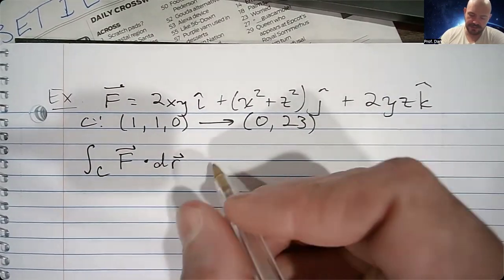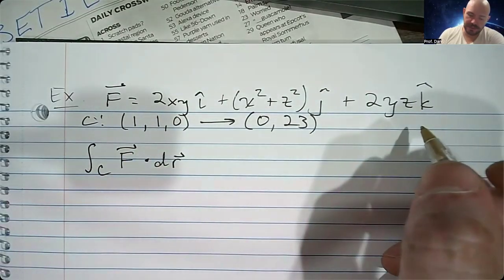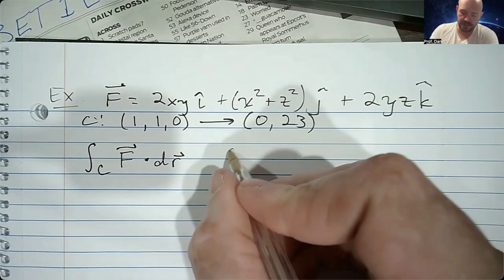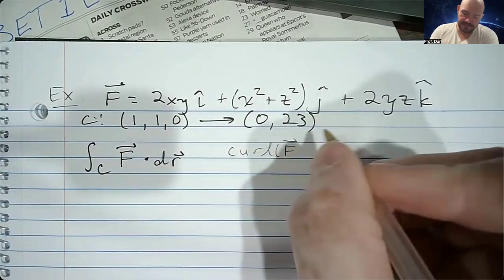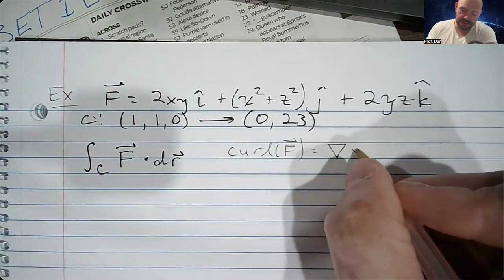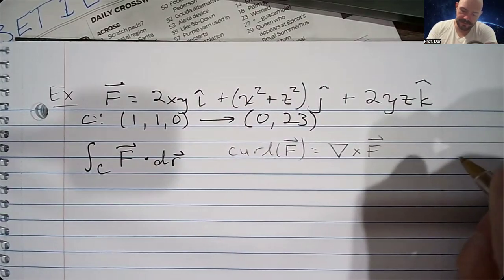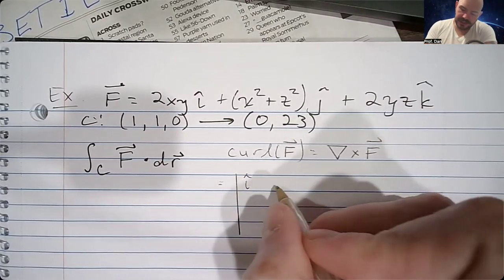With that said, remember the way that we check whether a vector field is conservative in three variables involves the curl. So we have to calculate the curl of F. Remember, that's your differential operator del cross the vector field itself, F. And that's going to take a 3 by 3 determinant.